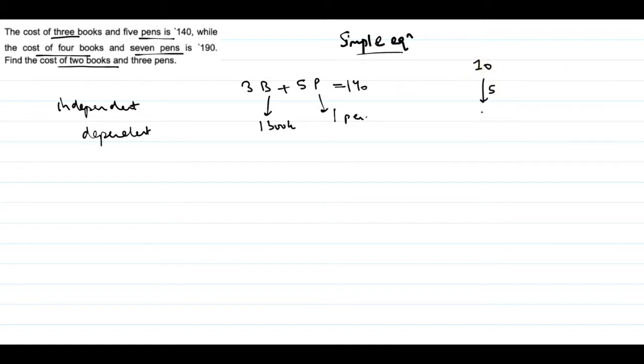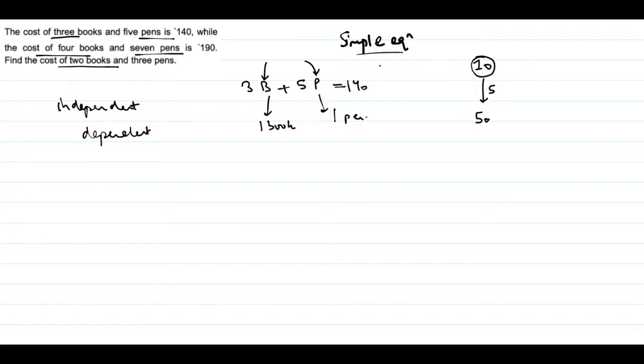You can simply say the cost will be 50. This 10 is an independent variable. It doesn't depend on anything. So here B is an independent variable. Similarly, the cost of one pen is also an independent variable.